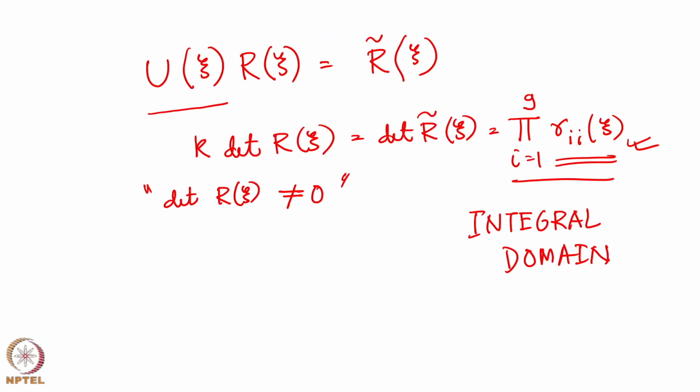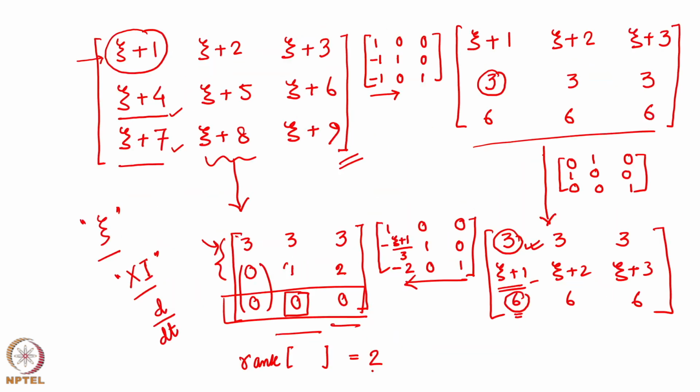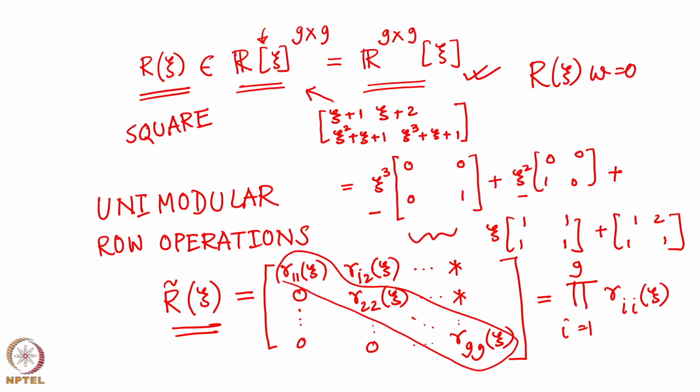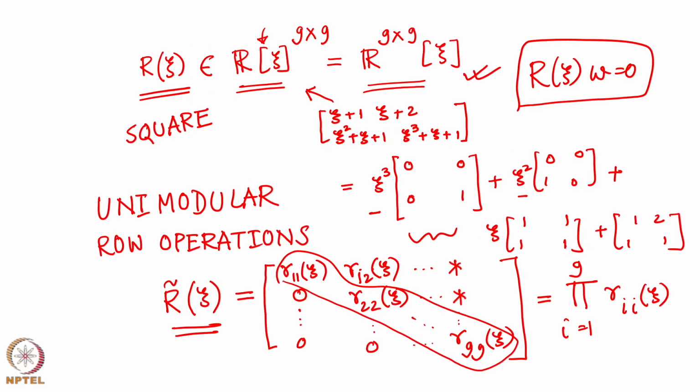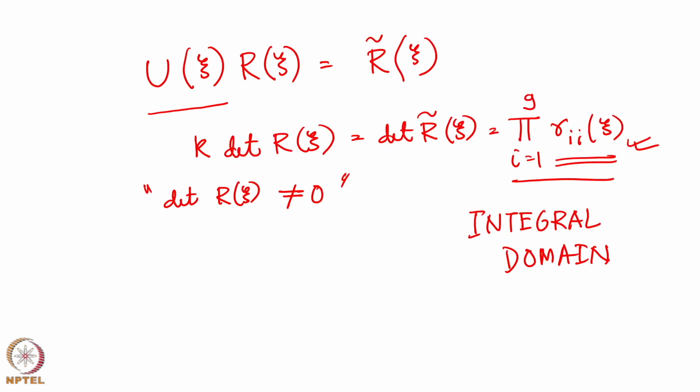So let me just recap. We are interested in knowing how one solves this equal to 0, right? Given a system of ordinary differential equations, provided it's square and the determinant is non-zero, first do this unimodular row operation and convert it to an upper triangular matrix, because the determinant is non-zero, these diagonal entries will be non-zero, right?